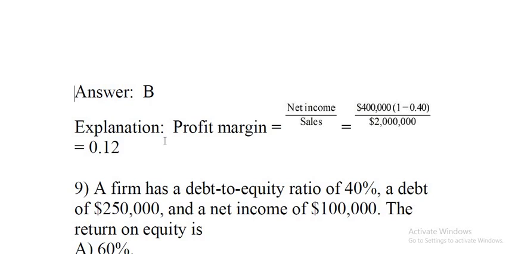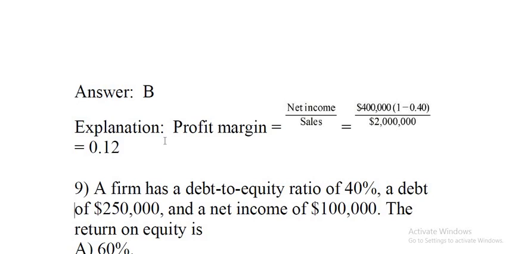We will compute simply, it will get us 0.12. So the answer is B, the profit margin, again, equal to net income divided by sales.